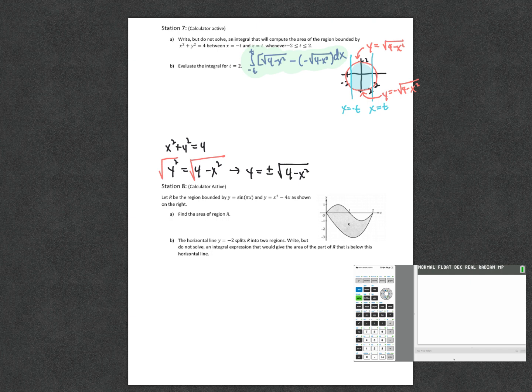You could do the integral from negative 2 to 2 of this top function, and that'll give you this top area, and then just times it by 2, and that'll give you the whole area, since this area equals this area. Hopefully that makes sense. We'll do 2 times the integral from negative 2 to 2 of that square root function.